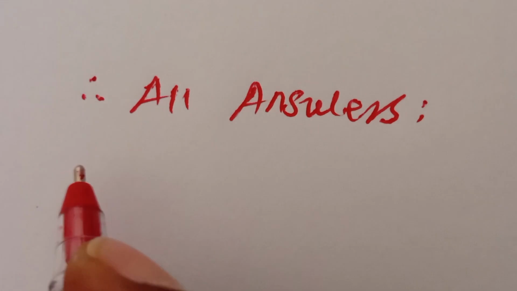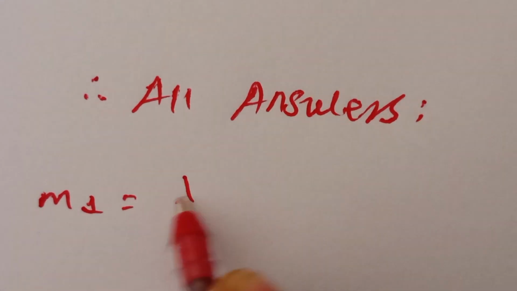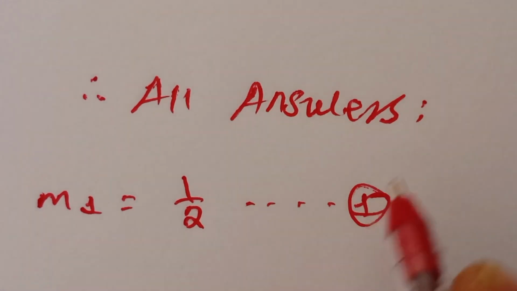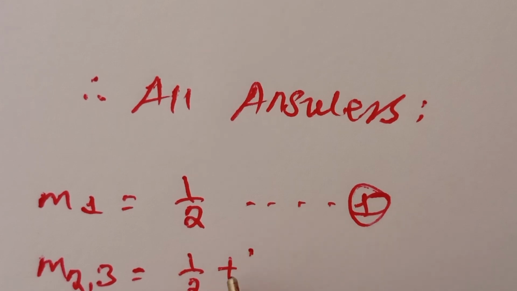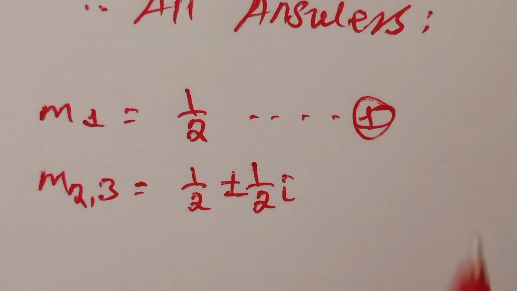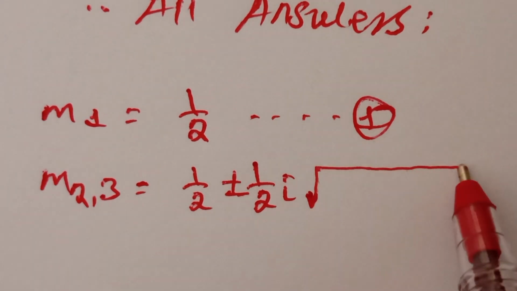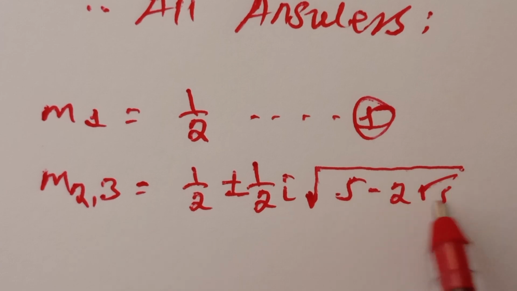Therefore, all answers from equation 1: m1 is equal to 1/2. This is from equation 1. And m2 and m3 are 1/2 plus or minus 1/2 i times the radical of (5 minus 2 root 5).